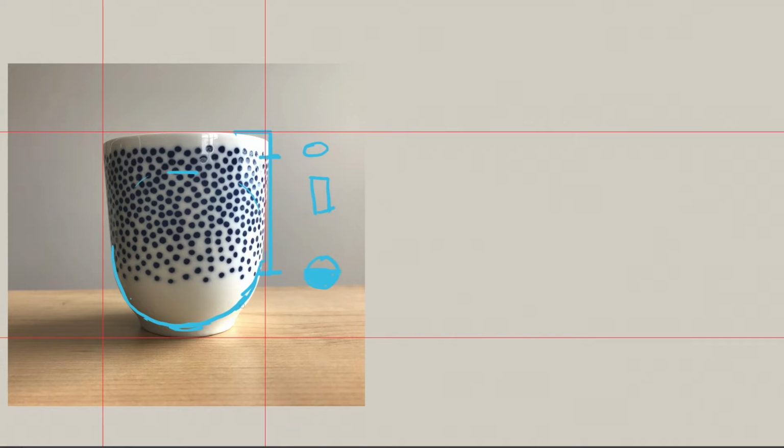At the bottom there is a triangle, those lines going downward creating a curve, and then we have another oval. So now we have divided this complicated shape into smaller, simple geometrical forms.